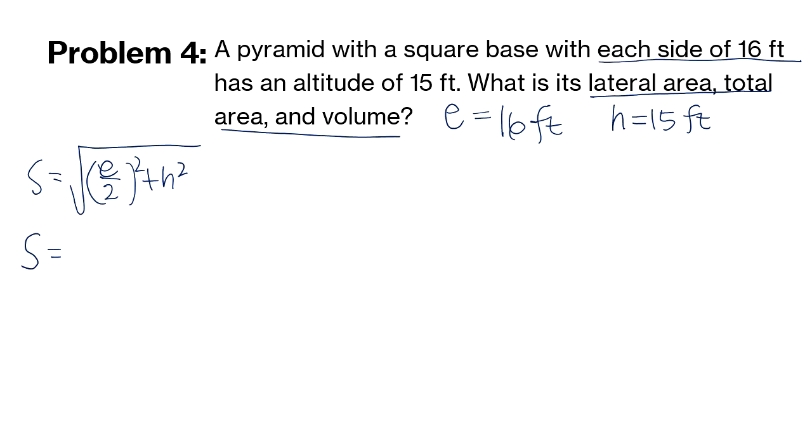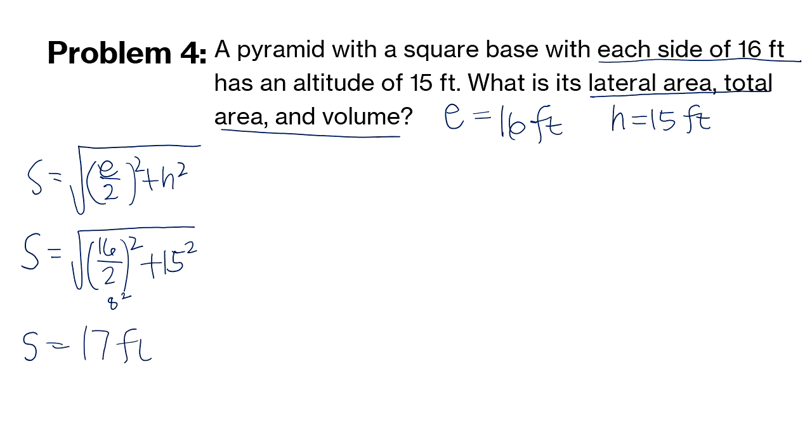So let's substitute our given information. We have the edge, which is 16 divided by 2 squared, or we can simplify that as 8 squared, plus height, which is 15 squared. So solving that, we get a slant height of 17 feet.